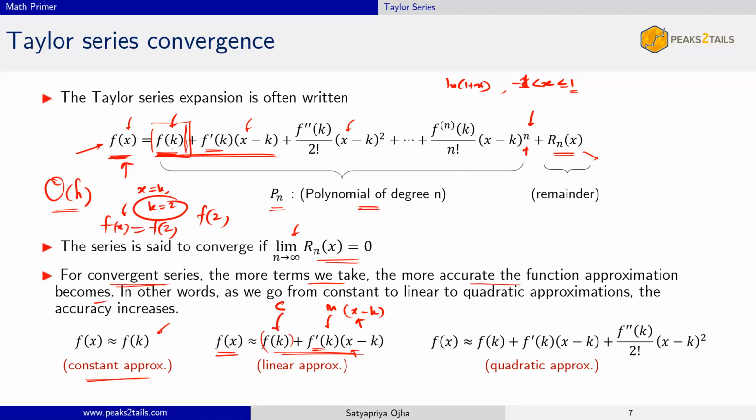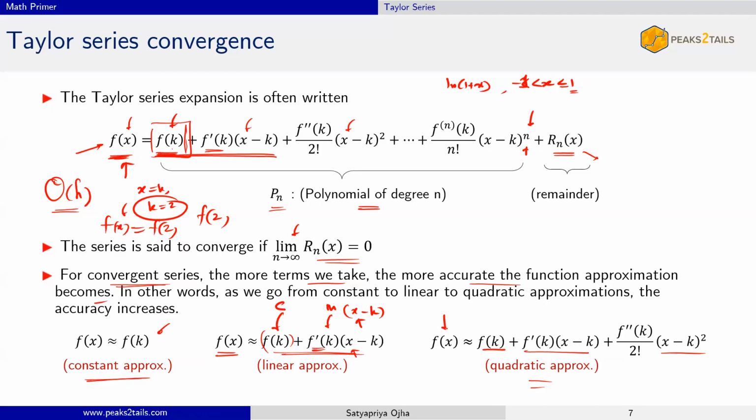So this is linear approximation. Then comes quadratic approximation, when you include more terms: constant term, linear term, and a square term, right? So as you increase the number of terms, your approximation of the true function or the original function increases. You get more and more accurate values.